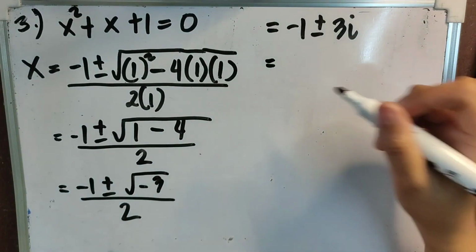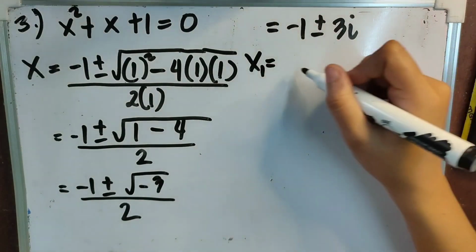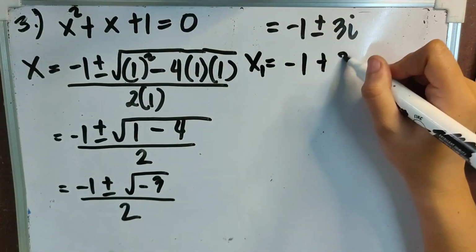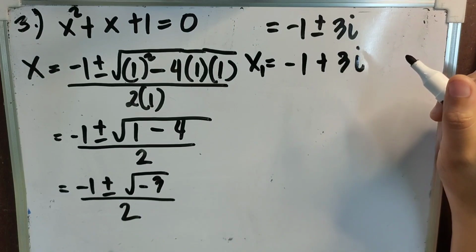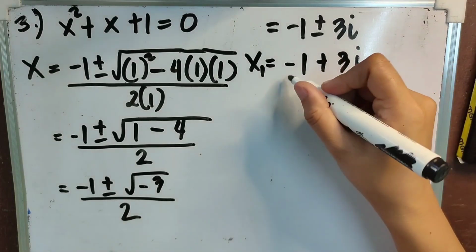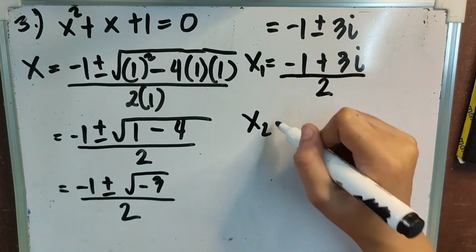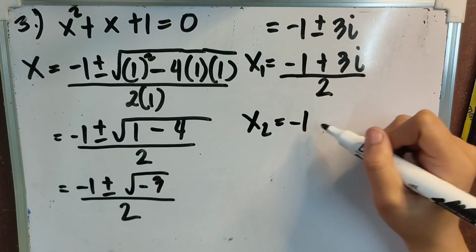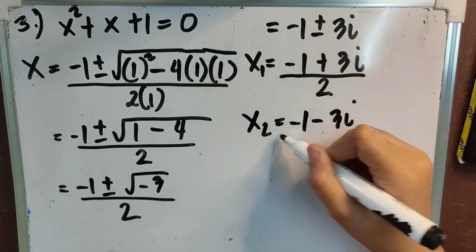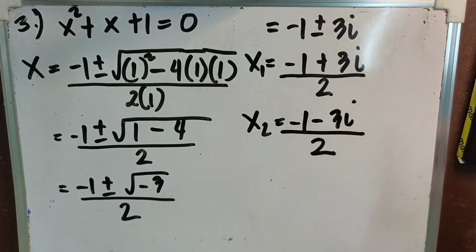Okay? So x sub 1 is negative 1 plus square root of 3 i over 2, and your x sub 2 is negative 1 minus square root of 3 i over 2. Imaginary. Then we are going to apply the b squared minus 4ac of the discriminant.